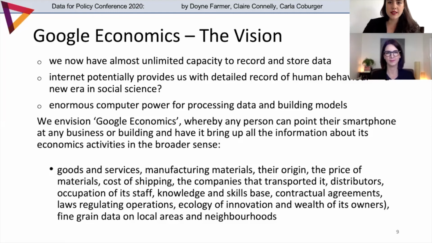In the broader sense, that information would include goods and services that are produced within its walls, manufacturing materials that are used in its production, the region it is located in, the price of materials, the cost of shipping, the supply chain of its goods, the occupation of its staff, knowledge and skills that exist within each company, their contractual agreements, laws regulating operations, the ecology of innovation and wealth of its owners, as well as the fine-grained data on the local areas and neighborhoods around that building and its influence.